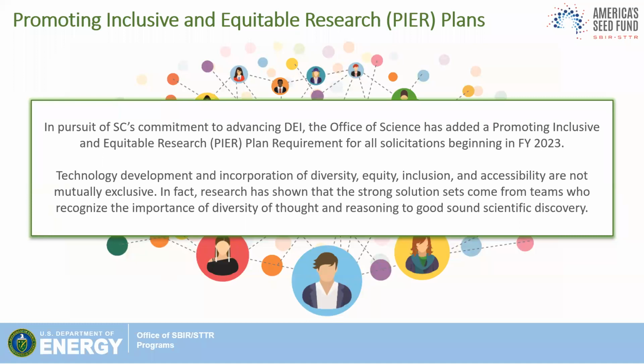And I will mention that technology development and incorporation of DEIA are not mutually exclusive. In fact, research has shown that the strongest solution sets come from teams who recognize the importance of diversity of thought and reasoning to good, sound scientific discovery.